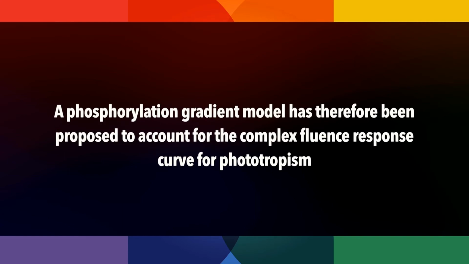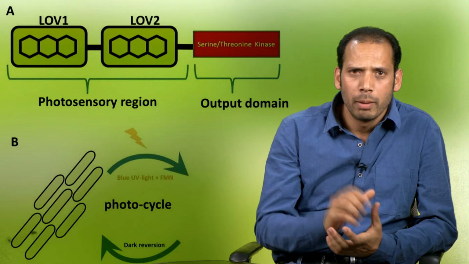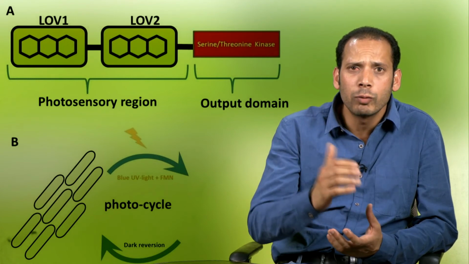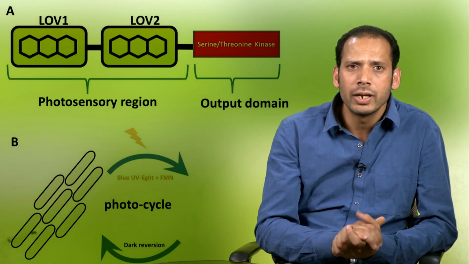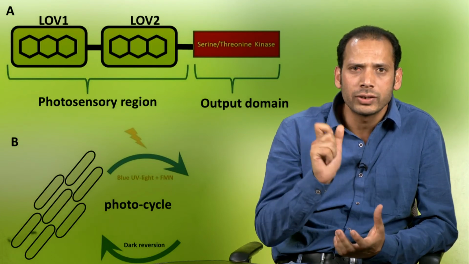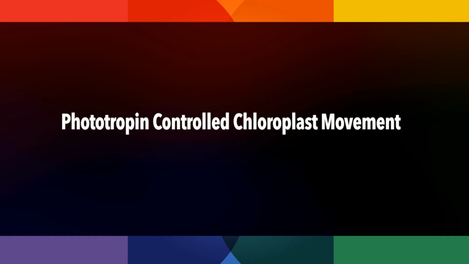A phosphorylation gradient model has therefore been proposed to account for the complex fluence response curve for phototropism. But the question still remains as to how a gradient of phototropin phosphorylation across the stem can bring about the lateral gradient in auxin.